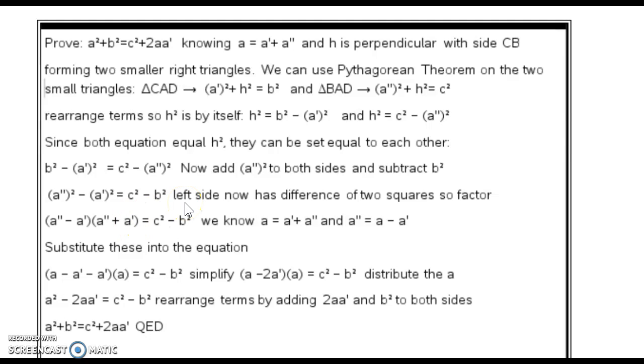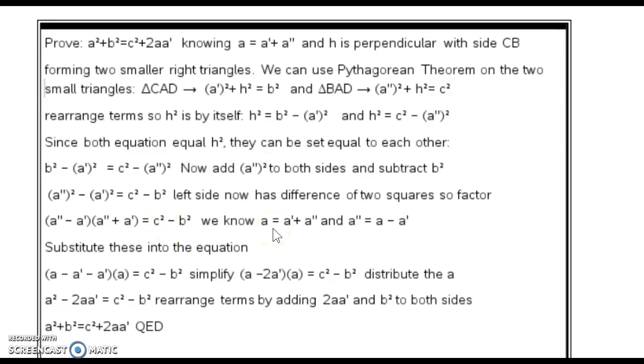So I stared at the left side of my equation and I realized I had the difference of two squares, which allowed me to factor these. So then I proceeded to factor, so we have A double prime minus A prime times A double prime plus A prime, still equaling C squared minus B squared.